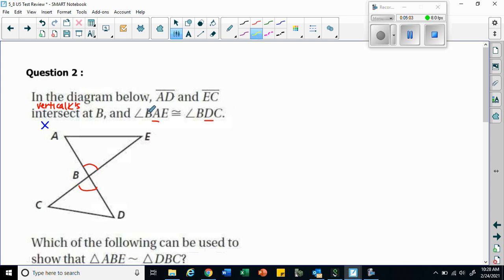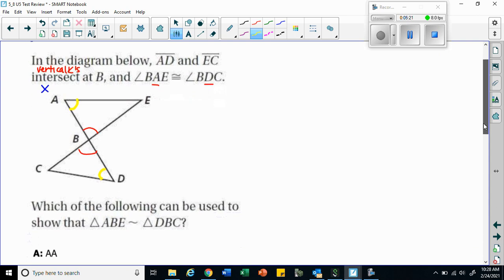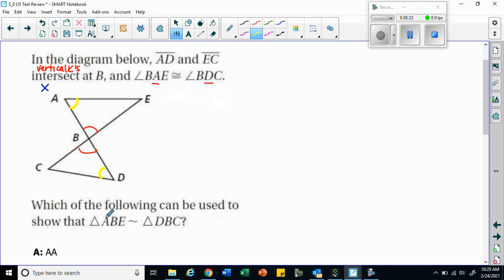So they're saying angle BAE, so angle A is actually congruent to angle D. Now they ask, which of the following can be used to show that triangle ABE is similar to triangle DBC?